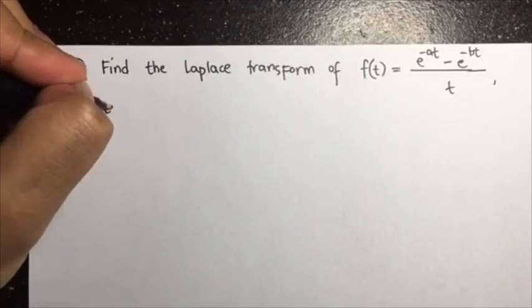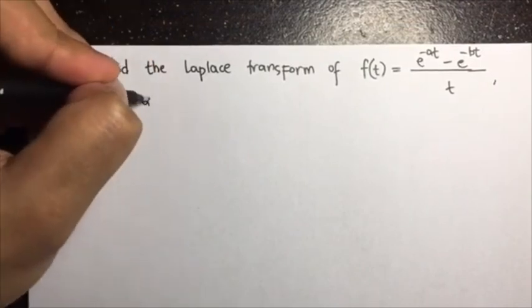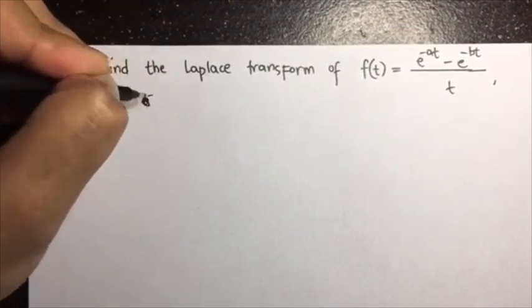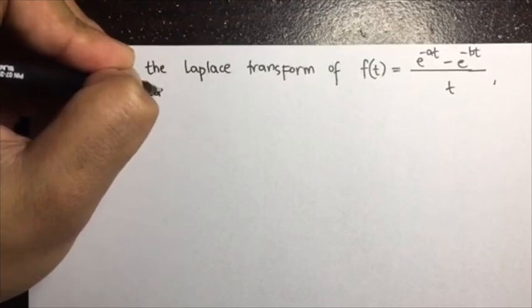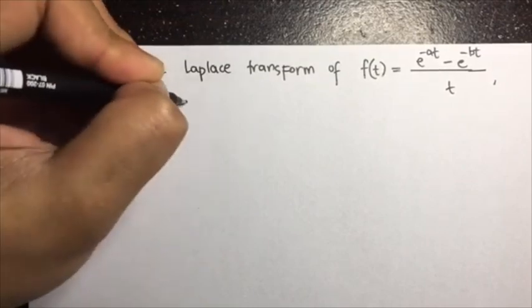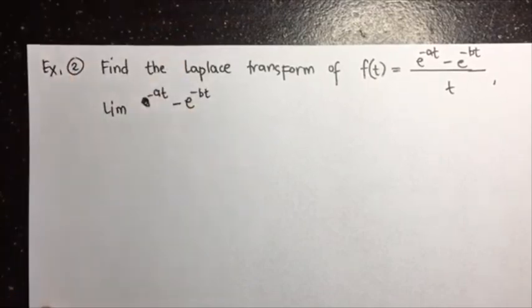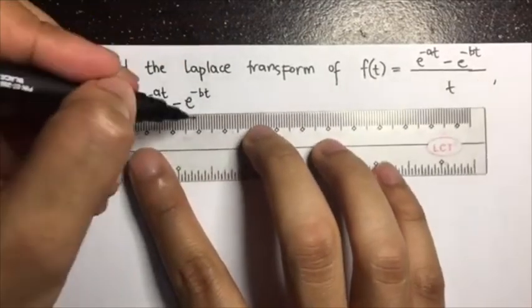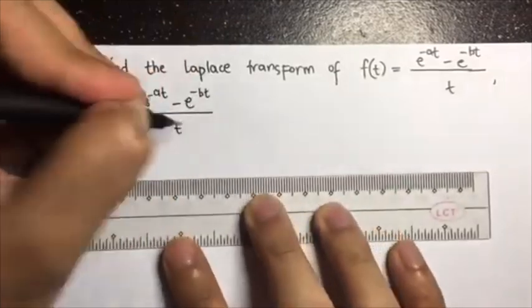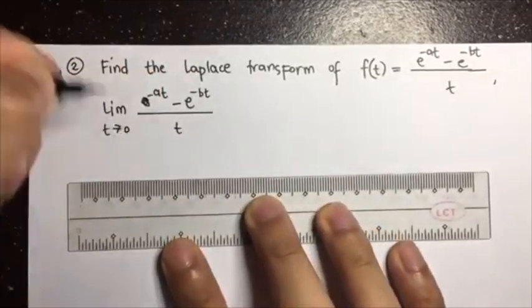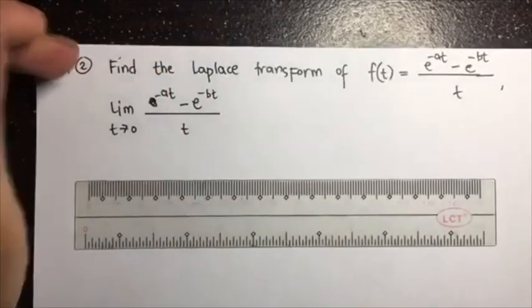We have the limit of e raised to negative at minus e raised to negative bt over t as t approaches 0.